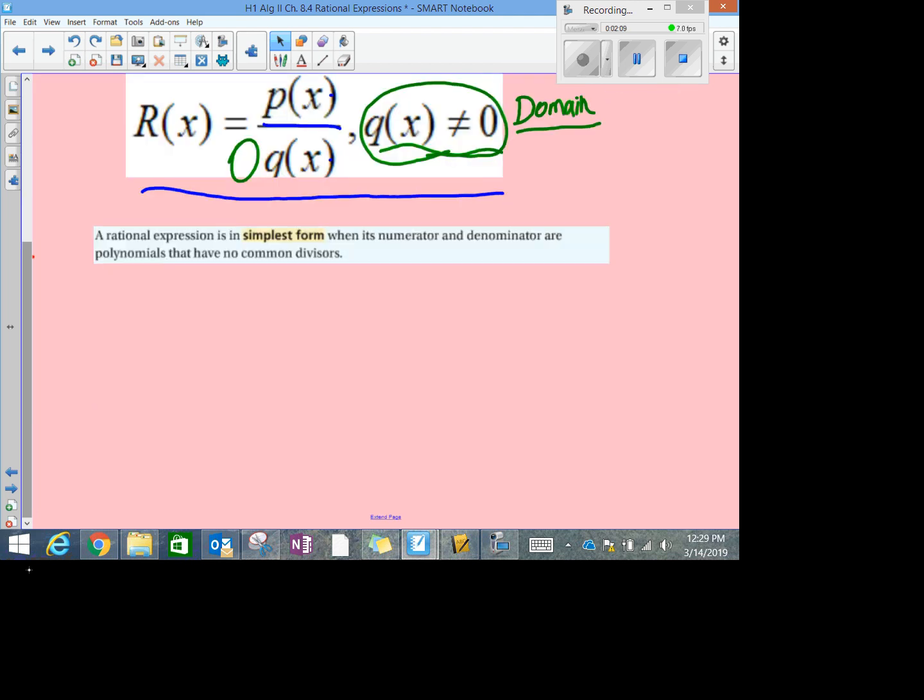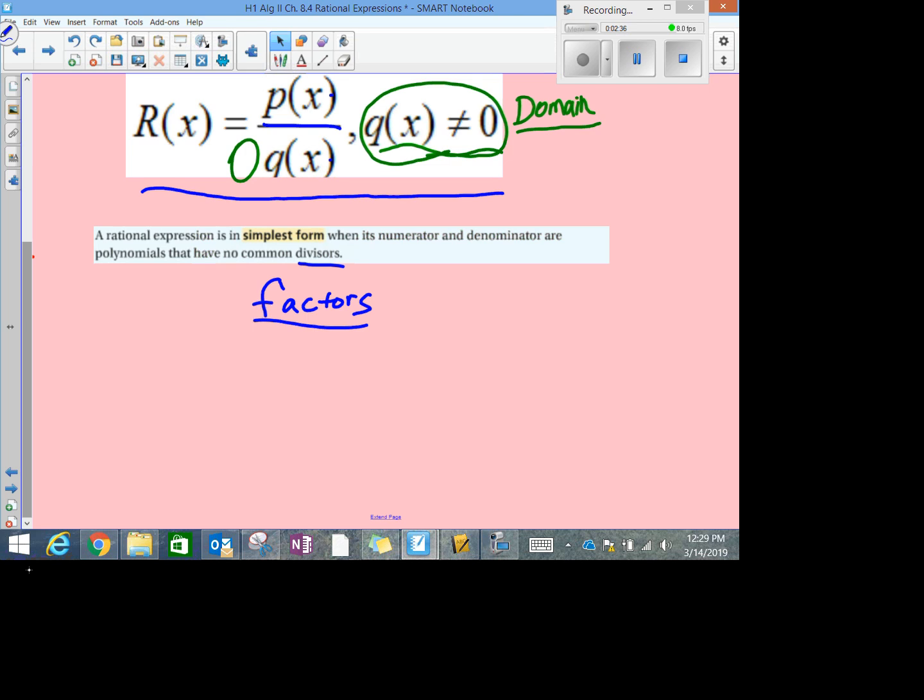A rational expression is in simplest form when its numerator and denominator are polynomials that have no common divisors, or no common factors. So the first thing we're going to do is practice getting rational expressions to simplest form, and that is really going to be just factoring and canceling out common factors.